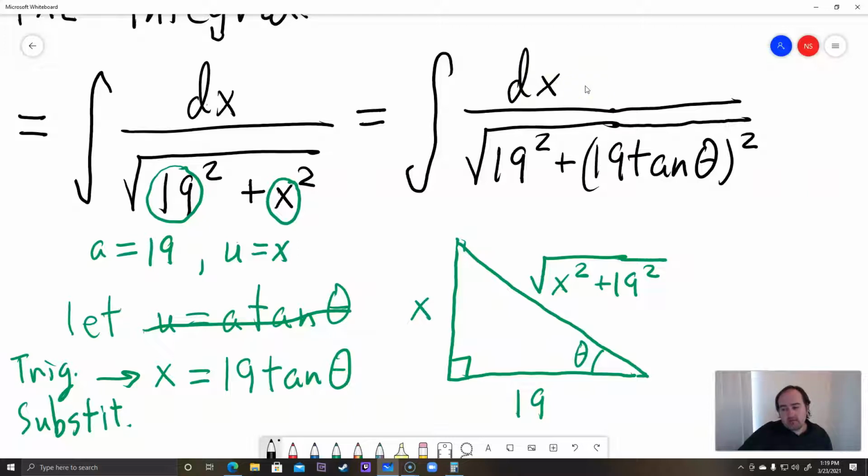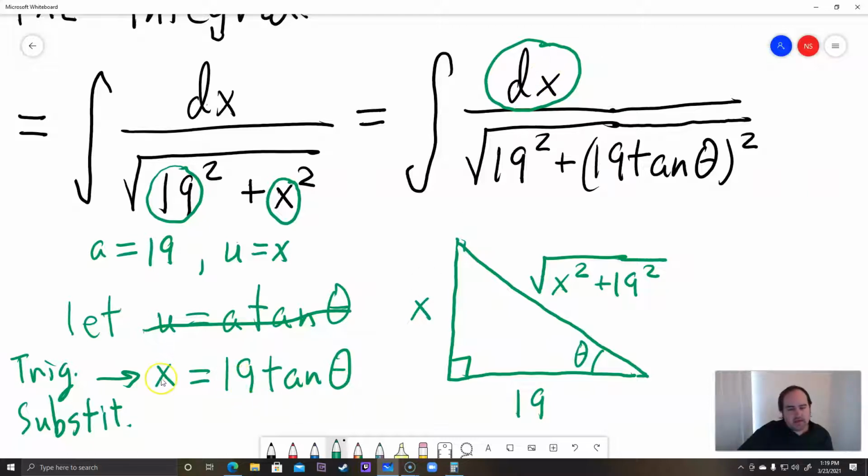You can't have an integral in terms of more than one variable unless it's a multiple integral, which we haven't even done. So what we need to do here is replace this dx with something involving theta. That's a trick here. So how are we going to replace dx with something involving theta?